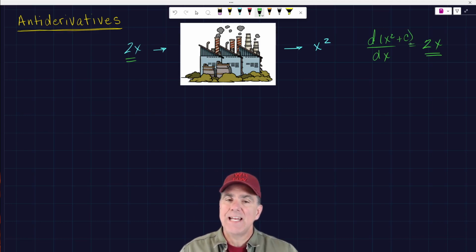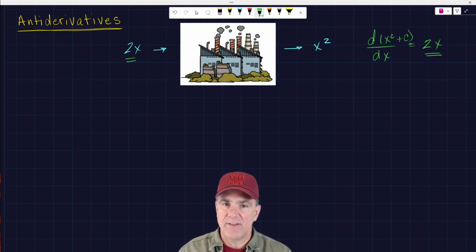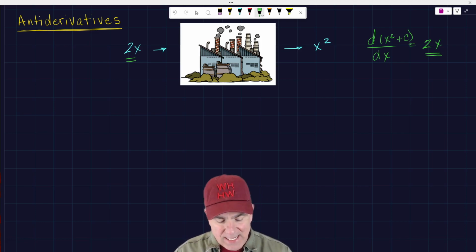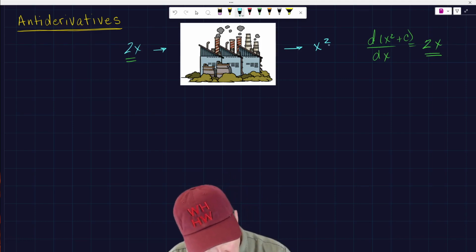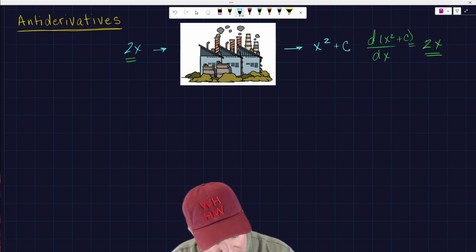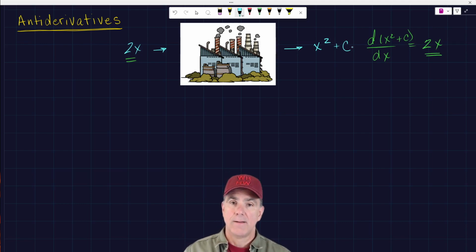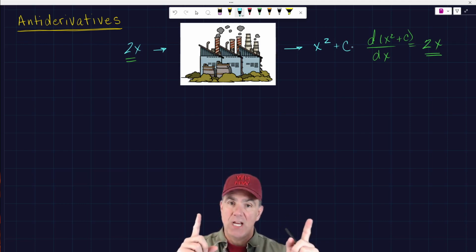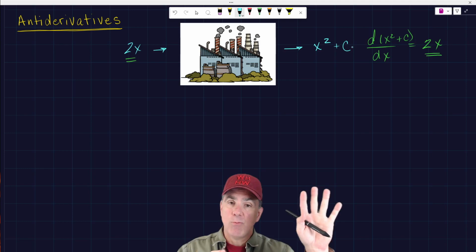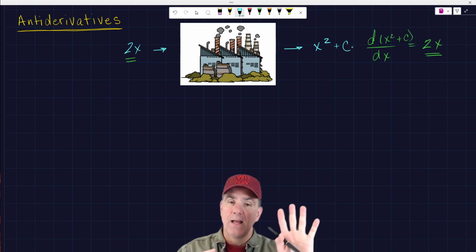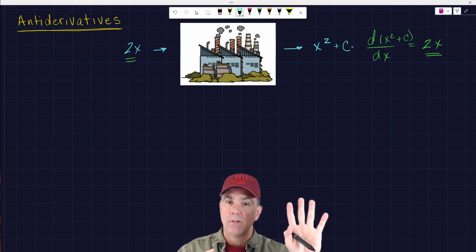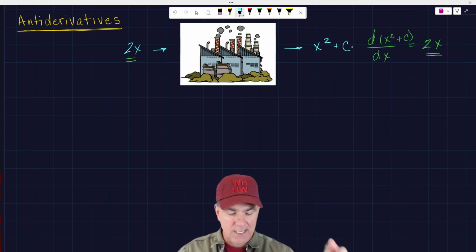So this is an interesting and important attribute which we'll expand on in the next couple of weeks associated with antiderivatives. Anytime I take the antiderivative, I'm always going to end up with plus some constant. Because when I differentiate that function on the output side, the constant will become 0. So it doesn't matter what that constant is.